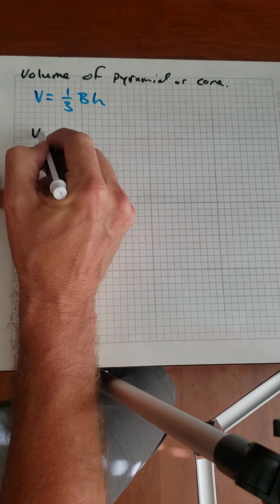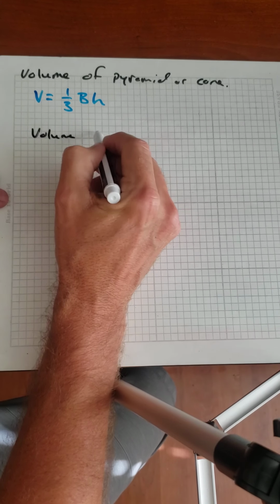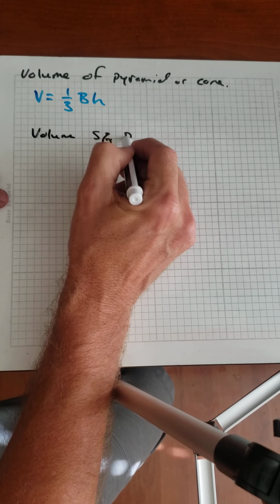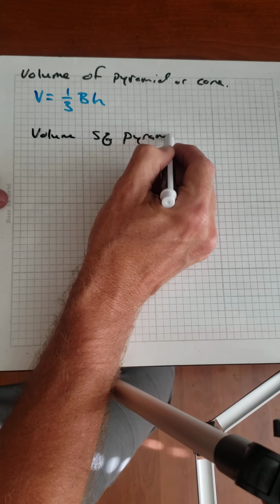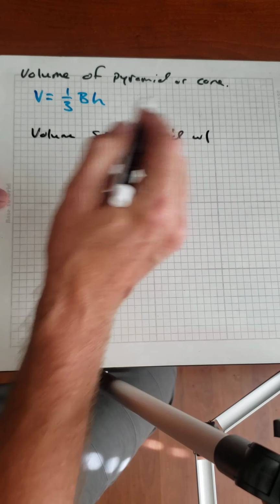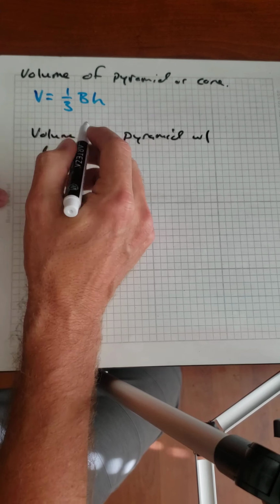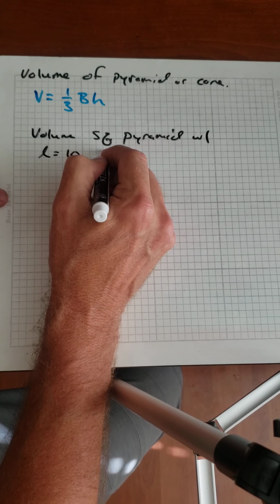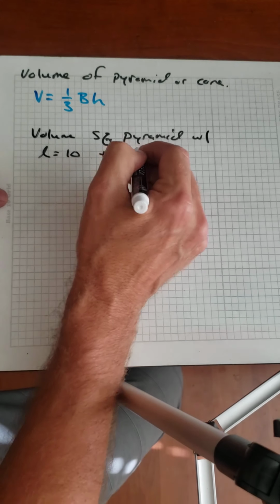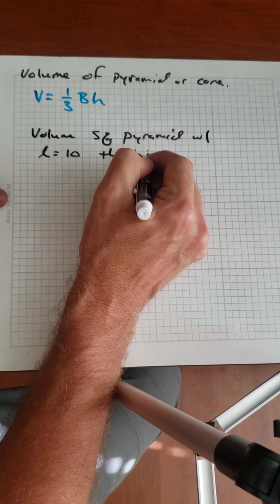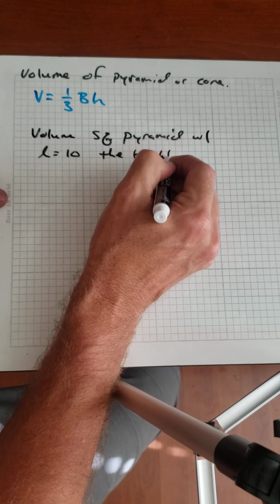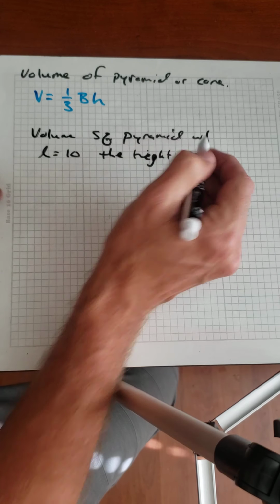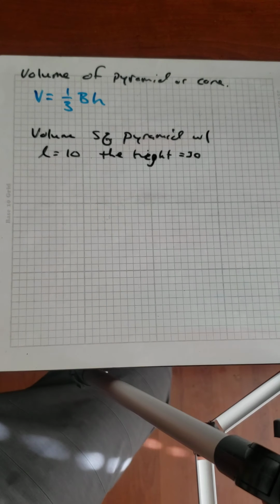So find the volume of a square pyramid with a length of 10 and the height equals 30. Okay, so length of 10 and the height equals 30.